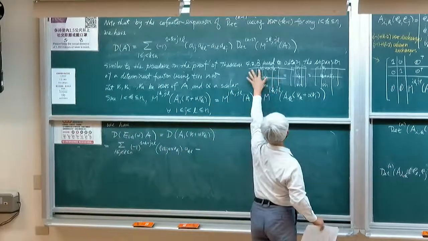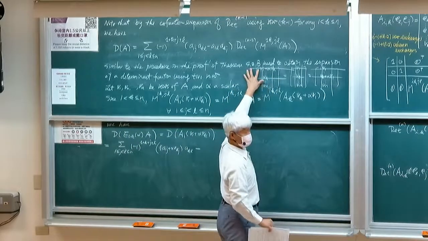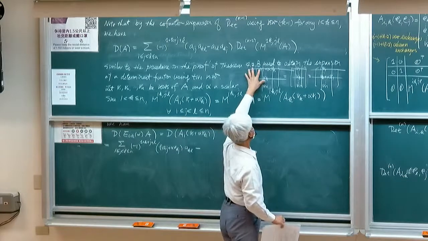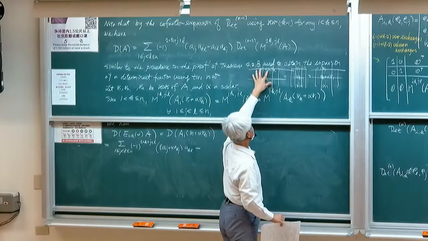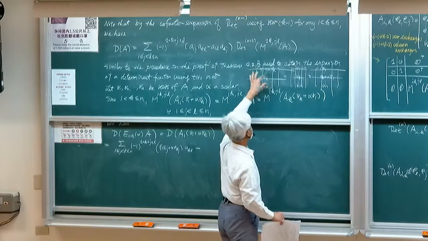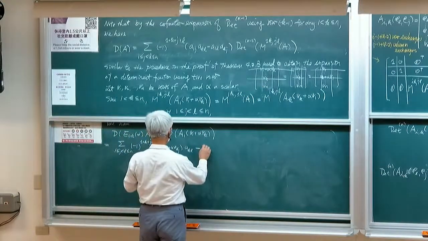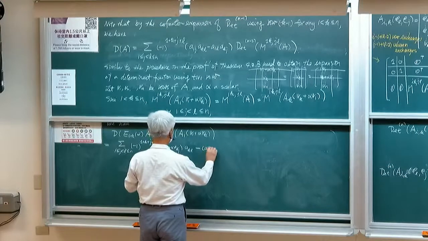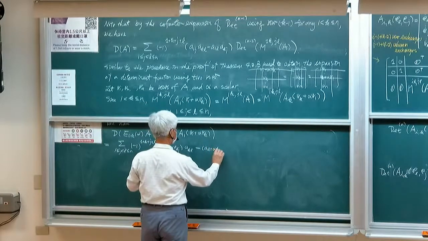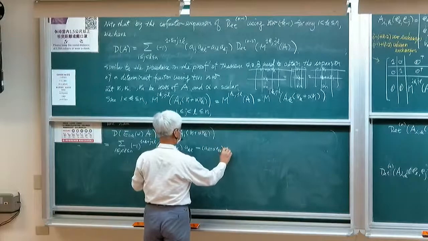For example, the first entry of the first row will be A11 plus alpha AK1, etc. And this one will be A1L plus alpha AKL times AKJ.